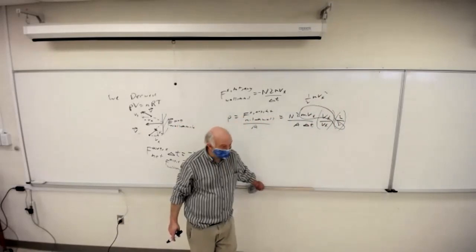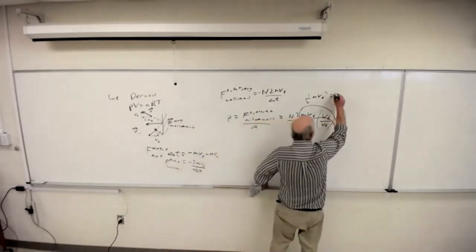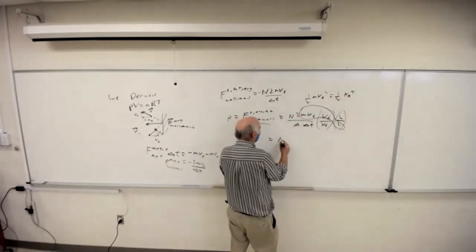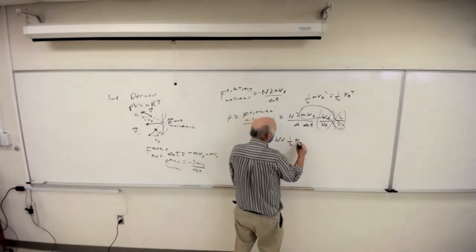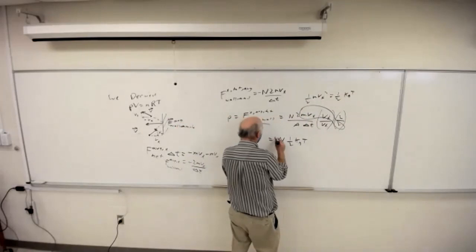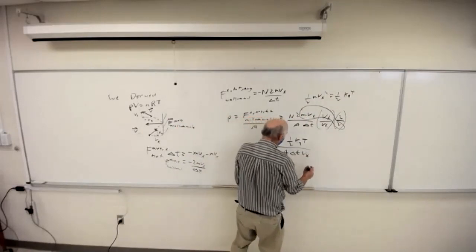We said by the equipartition of energy theorem, it has to be equal to what else? 1/2 kBT. So that allows us to write this as N. Here's a 2, I'll put the 2 here, 1/2 kBT. There's another 2, so I'll actually make that 4 over A delta t.